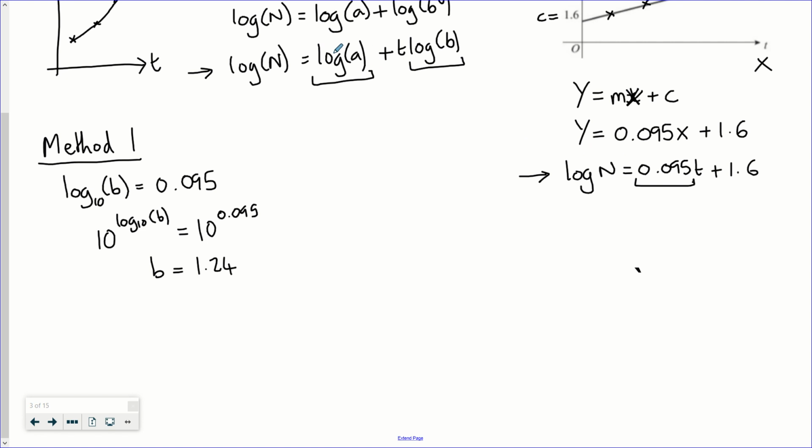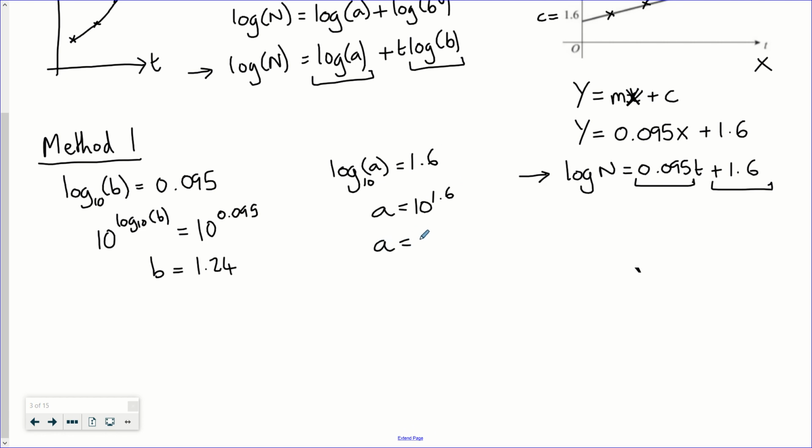And we can also find out what a is, because here in this equation, we've got log a, and that corresponds to this part which is on its own. It's not been times by t, and that's our plus 1.6. So if we compare those two, we know that log a must be equal to 1.6. So log of a equals 1.6, and again it's log base 10, so we get that a equals 10 to the power of 1.6.